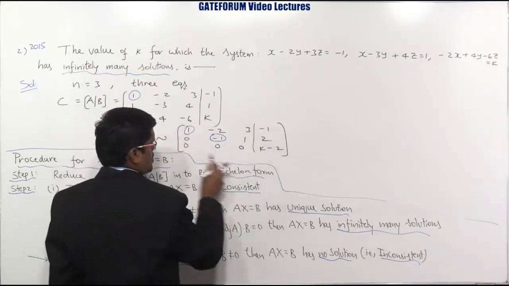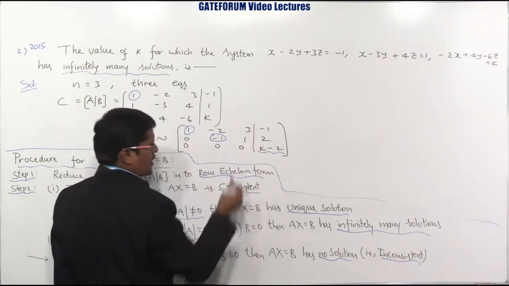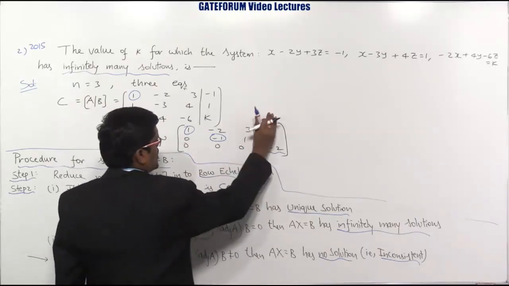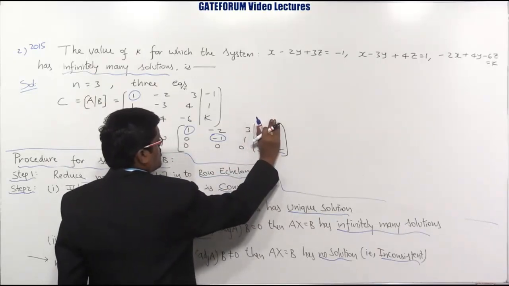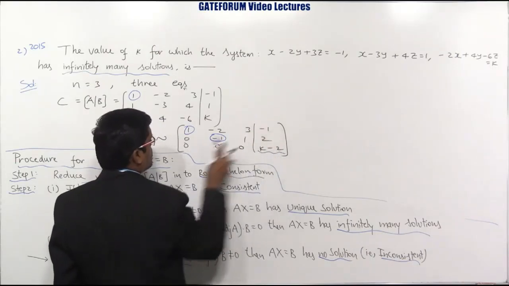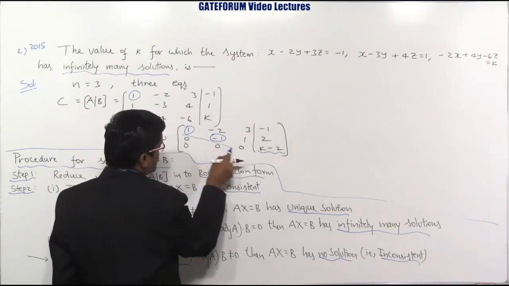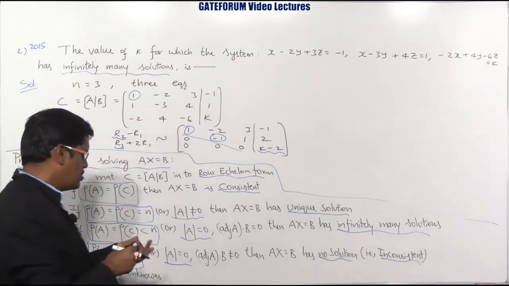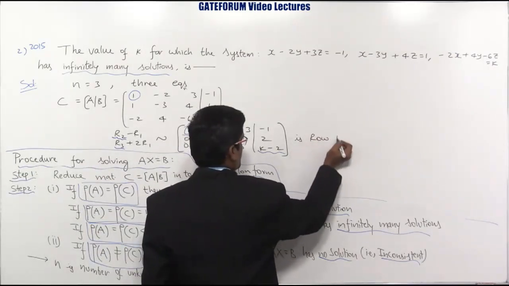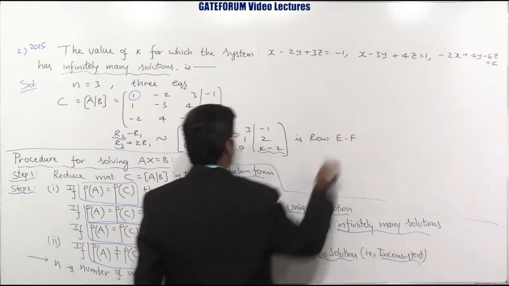We don't know the k value. I cannot say whether this k minus 2 is 0 or non-zero. Anyhow, excluding the last column, the remaining 3 columns are the A matrix. So it is already row echelon form. Are you following or not? Below the diagonal, 0. So this is row echelon form.